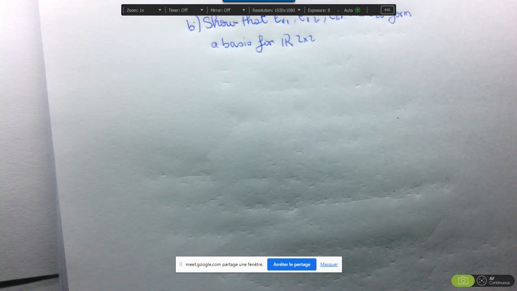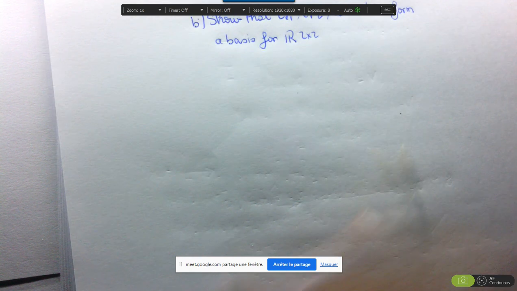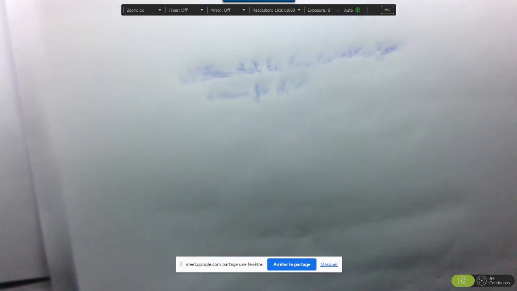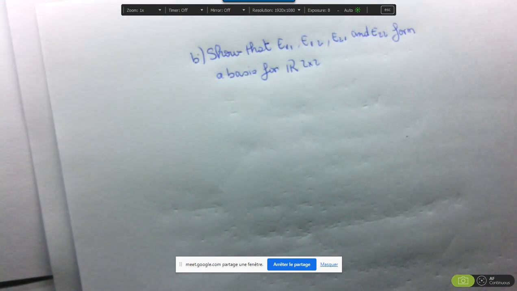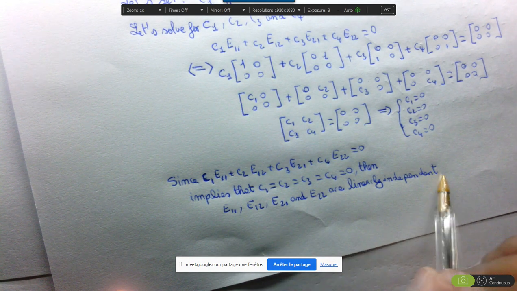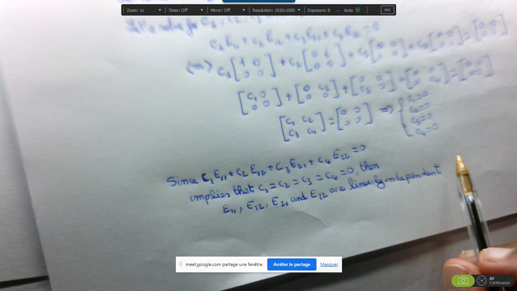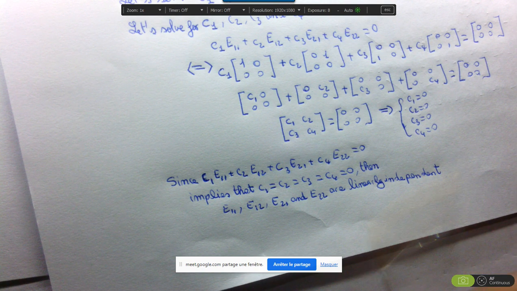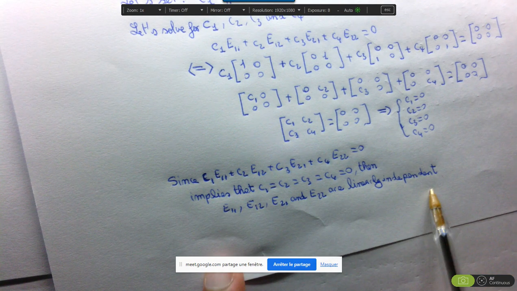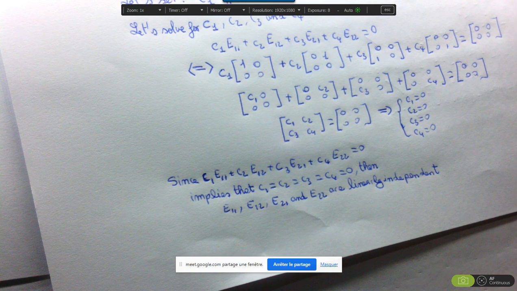We can do that, but there is one theorem that we have previously seen. Let me go here and write. So these are linearly independent. We already said that.